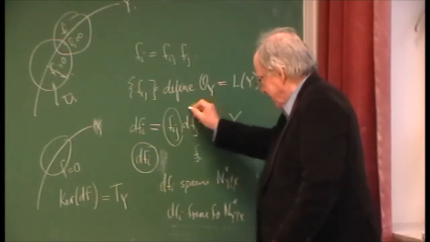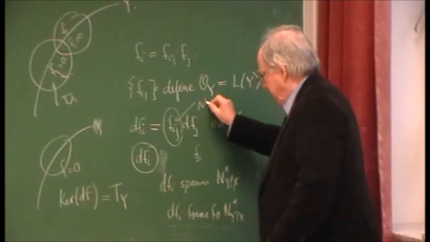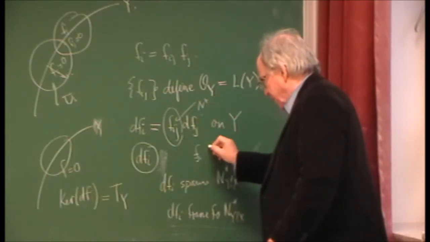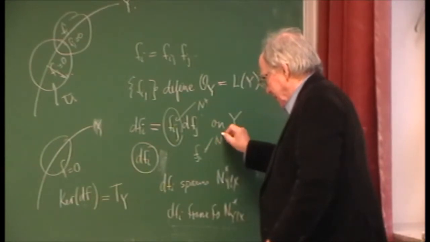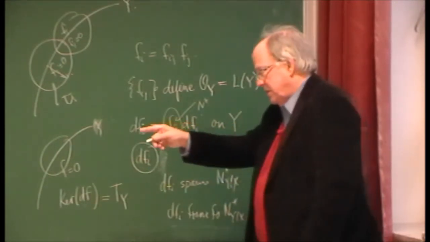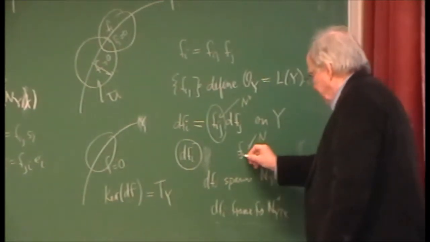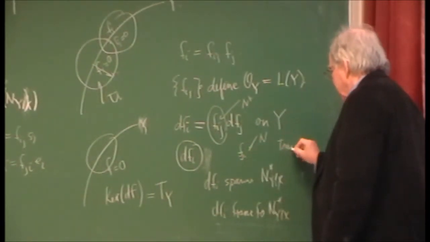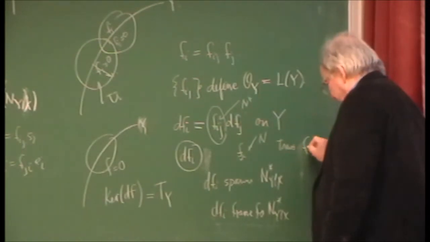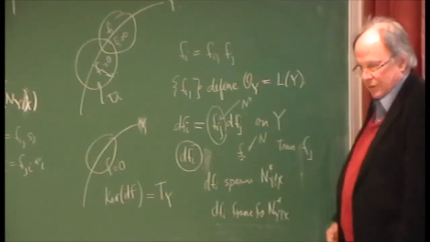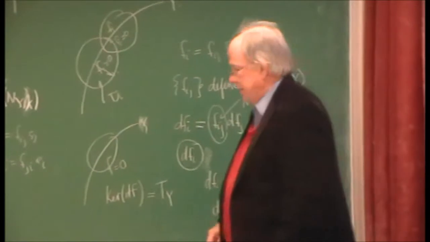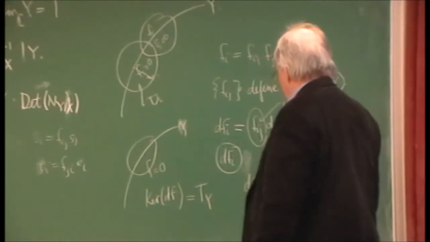So I was right in what I said. This is a frame for the dual bundle. This is a frame for n. So in our system of writing down the bundle, the transition functions, this is a frame, so the transition functions are Fij. So there's double dual.